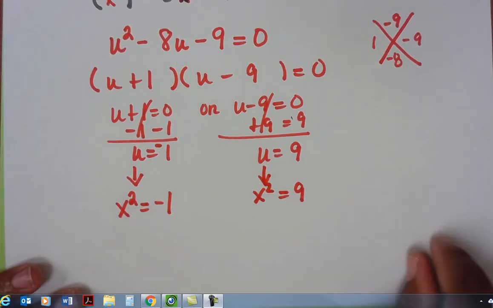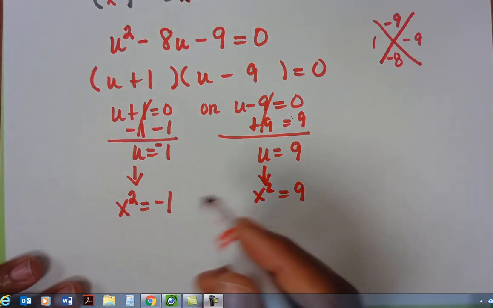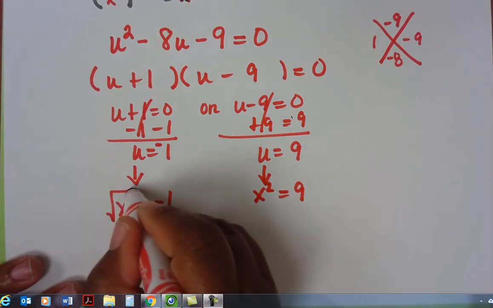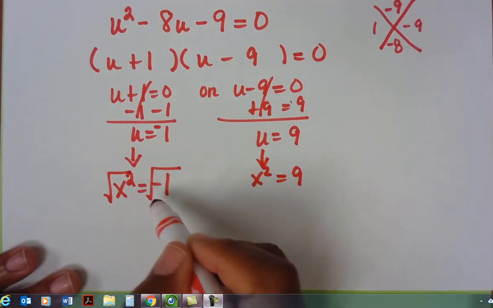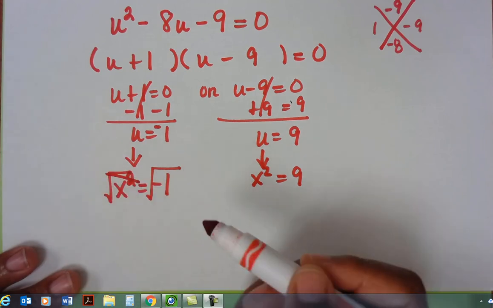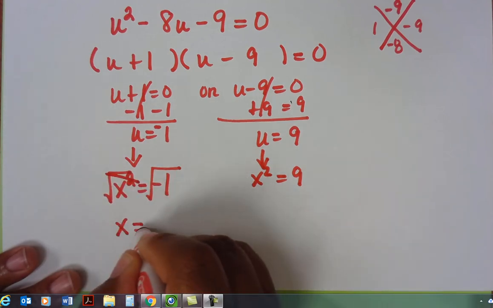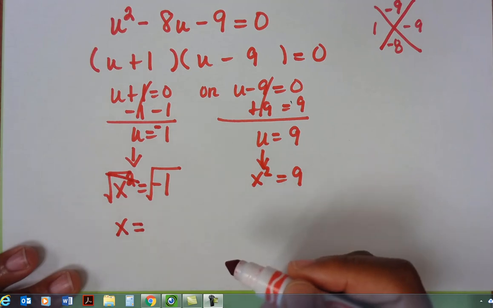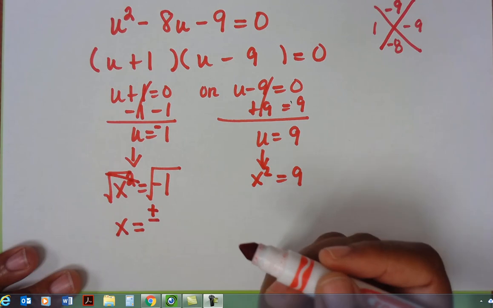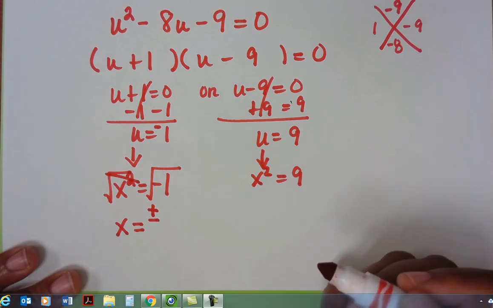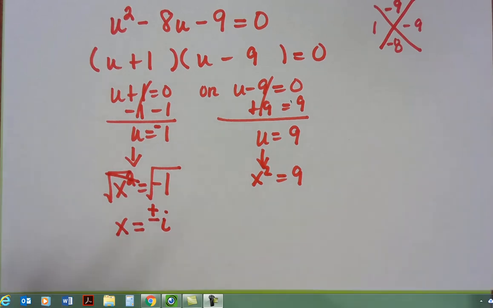And then let's solve. We know how to solve when there's a power of 2. We take the square root of both sides using the square root property. On the left hand side, the exponent of 2 cancels out with the radical, and we have x is equal to, and remember we have 2 solutions, plus or minus, the square root of -1, which is i. So this is a solution.